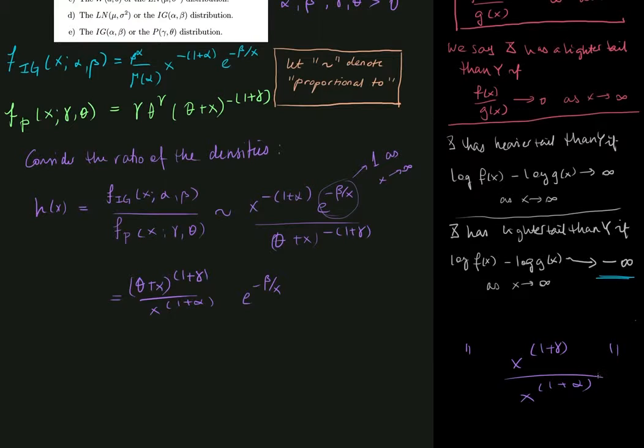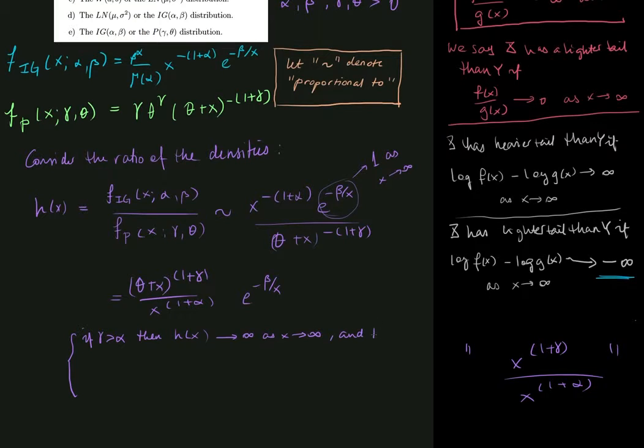And how does that look for x going towards infinity? Well, we know that the higher the power, the more the term dominates. So it's essentially a question of whether gamma is largest or alpha is largest. So again, we have to split this up into cases. If gamma is greater than alpha, then we have x to a greater power in the numerator than in the denominator. Then h of x will tend to infinity as x tends to infinity, because the numerator will swallow up the denominator.